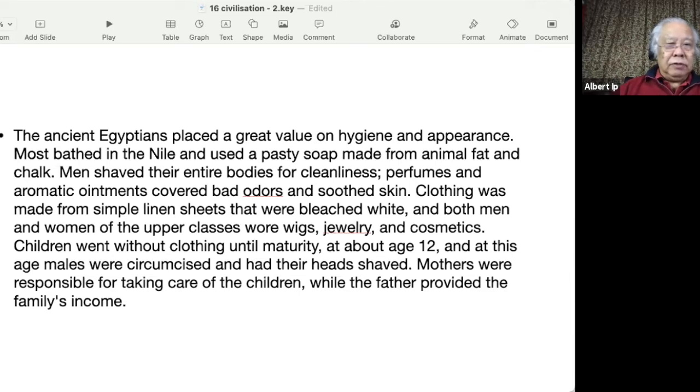Of course, women were responsible for taking care of the children while the father provided the family's income. So it's a very typical family structure. Our family structure where we have a double income is quite recent.